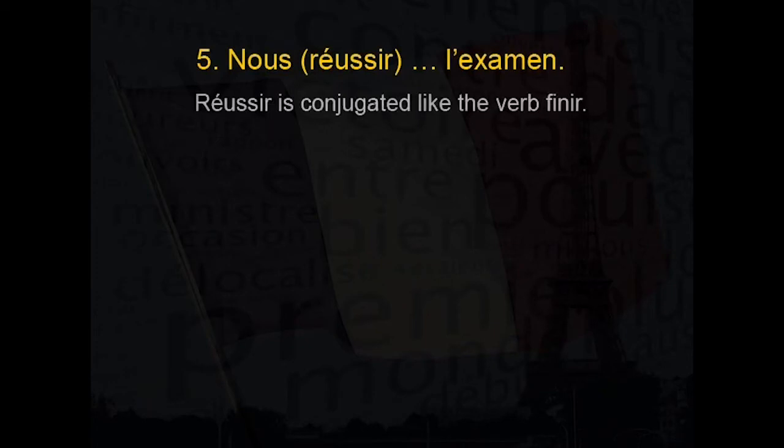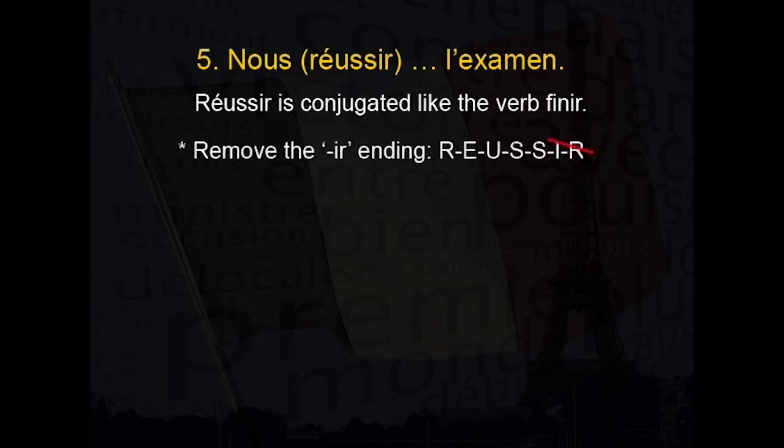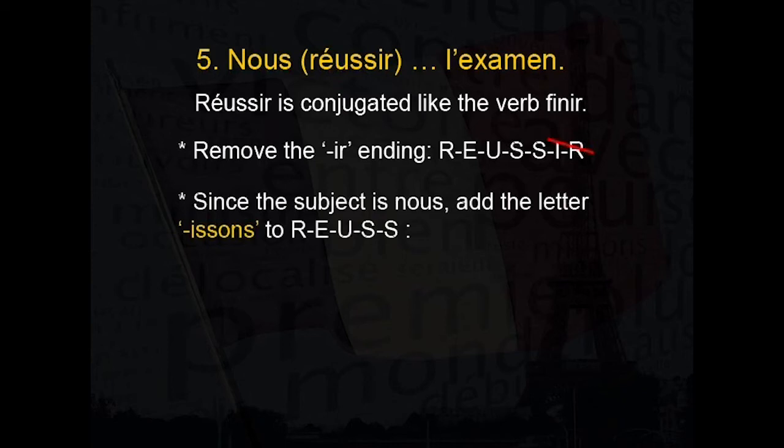Number 5. Nous réussir l'examen. Réussir is conjugated like the verb finir. So we first remove the IR ending. Then, since the subject is first person plural, we add I-S-S-O-N-S to R-E-U-S-S, which is the stem of the verb.